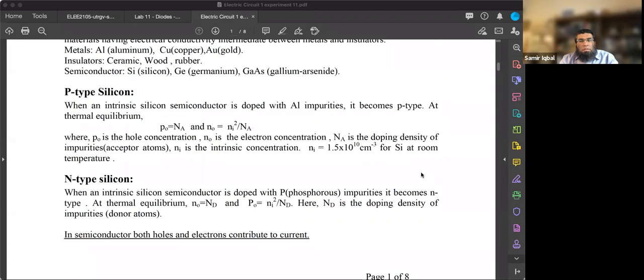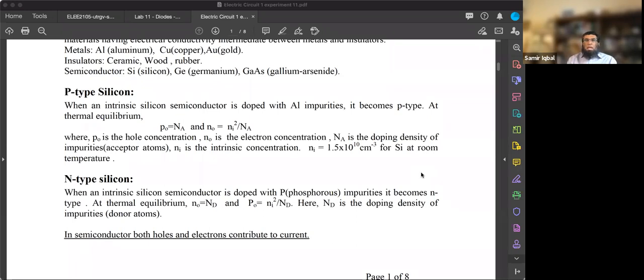Different materials result in different kinds of semiconductor. For example, if you add a material that results in an excess of electrons, we call that kind of semiconductor an N-type semiconductor.